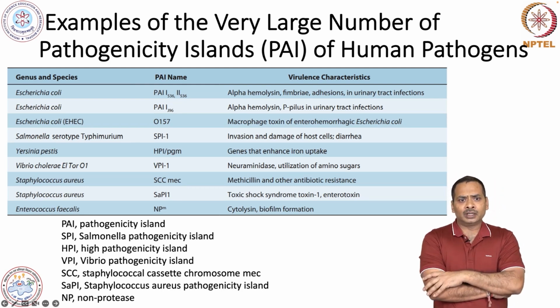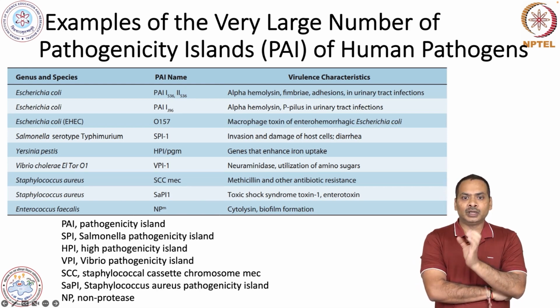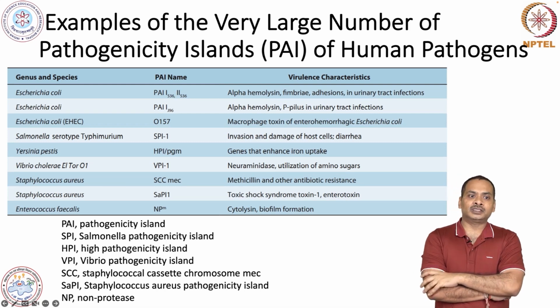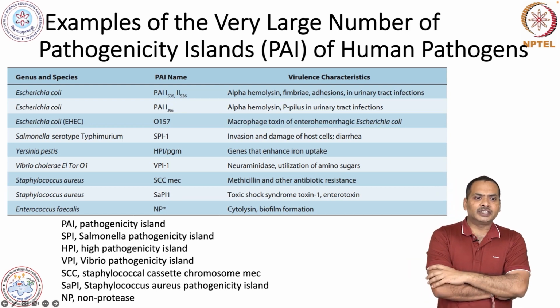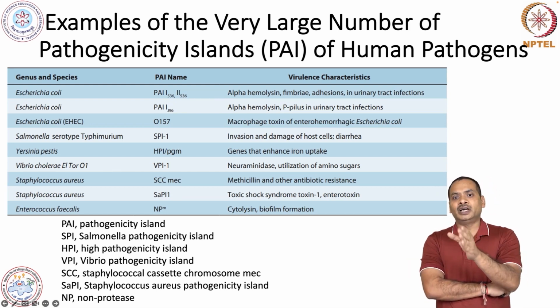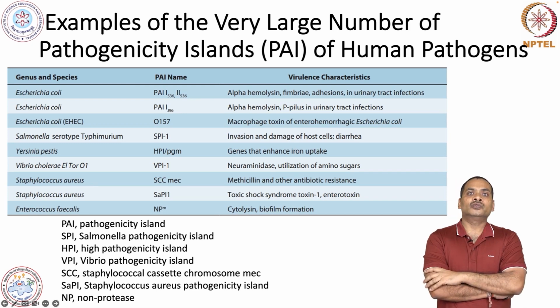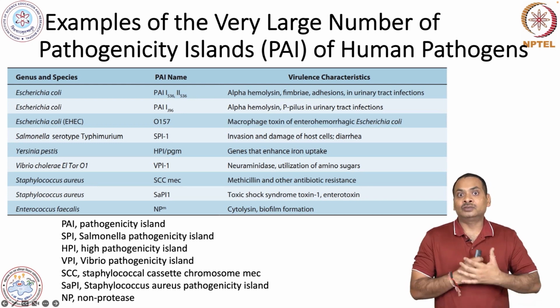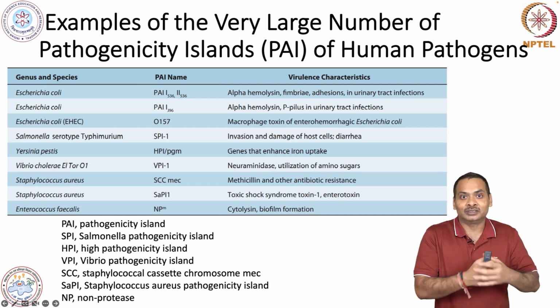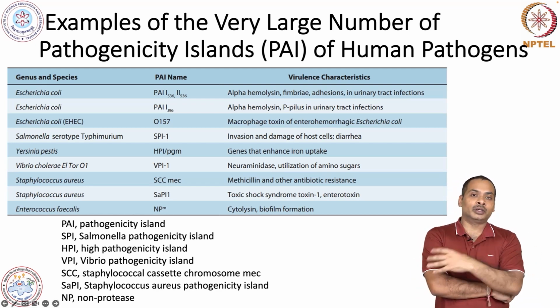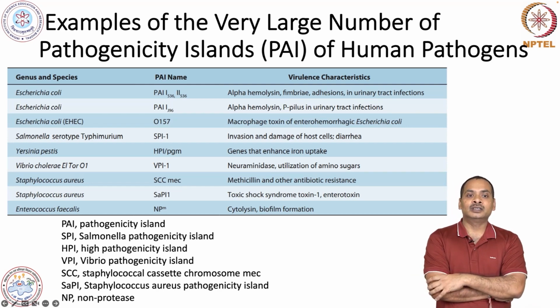They also have another island, J96, which also encodes alpha hemolysin and P pili in urinary tract infection. So there is a series of these pathogenicity islands, and they play a very important role in the development of disease, or more appropriately, in making these bacteria pathogens.